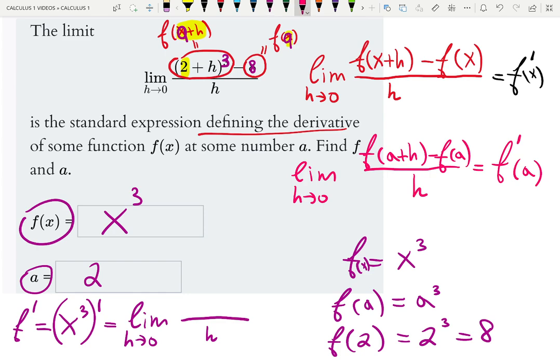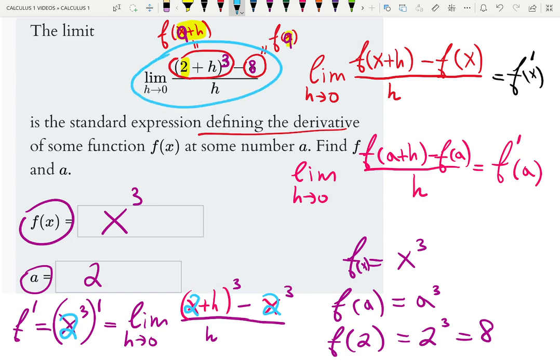And then in the numerator, I will have x plus h, and it's going to be cubed, minus the original function x cubed. That will be the definition of the derivative of x cubed. Now I substitute in 2. So it's going to be 2 plus h cubed, minus 2 cubed. And it's exactly what we see in front of us.